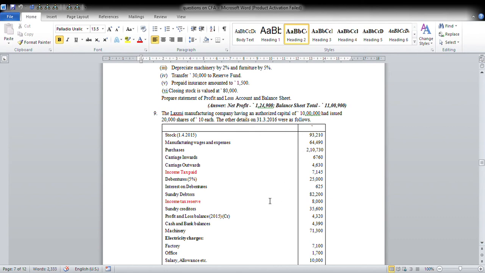So this 3,16,302 will be shown in the reserves and surplus in the balance sheet.